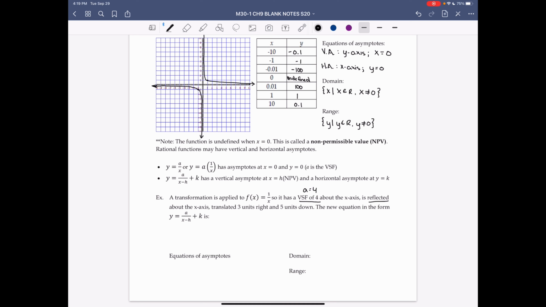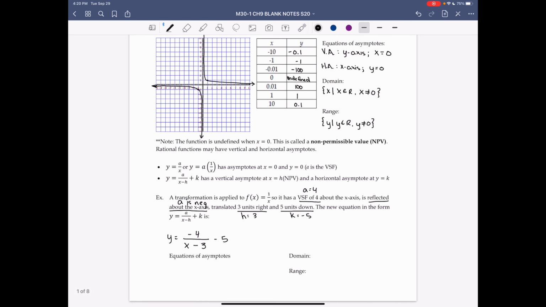It's reflected about the x-axis, so a is negative. Translated 3 units right, h equals 3, and 5 units down, k equals negative 5. So we get y equals negative 4 over x minus 3, and then minus 5 outside the rational.